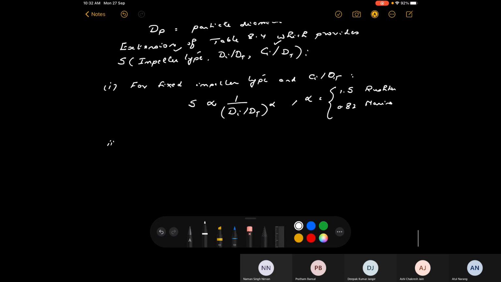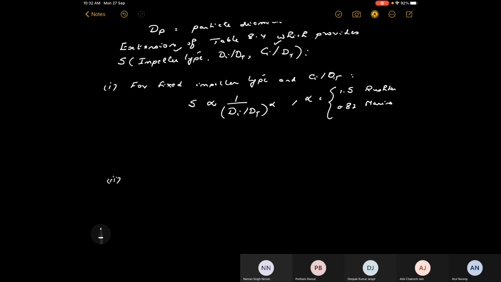And the second one, which is similar to this, is for fixed impeller type and fixed di over dt.